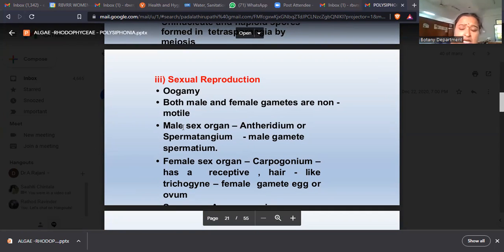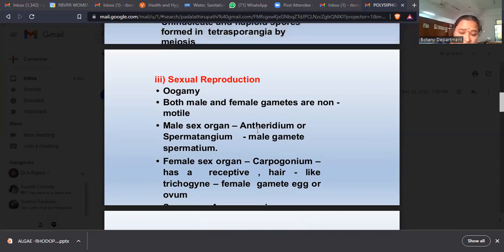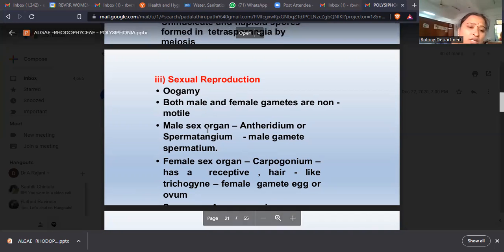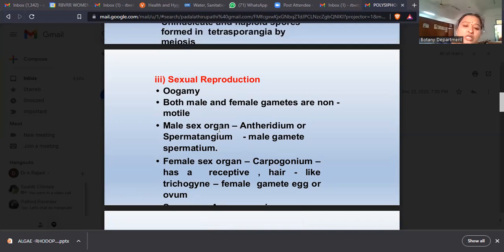The male sex organ name, antheridia, is very common, but here it is called spermatangium. In Chara, I'll explain, the male reproductive organ is called globule and the female reproductive organ is called nucule. Same like that, here the male reproductive organ is called spermatium and the female reproductive organ is called carpogonium.